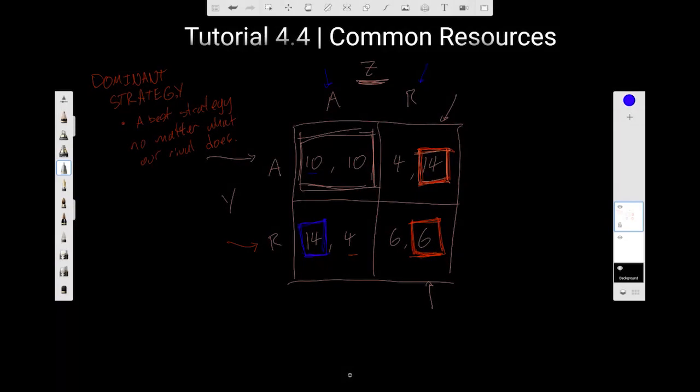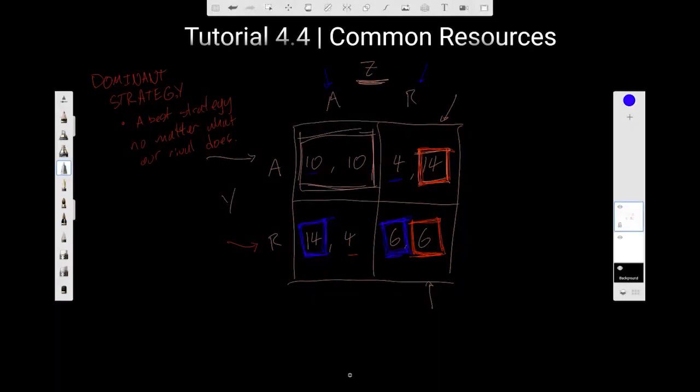Well, again, Yuri is given the choice between A and R. A gives a payoff of 4, R gives a payoff of 6. So Yuri should choose R. And again, this is a dominant strategy. No matter what Zeta is doing, it's always better for Yuri to choose R. And we can see this on the payoff matrix because R corresponds with both of our squared payoffs.